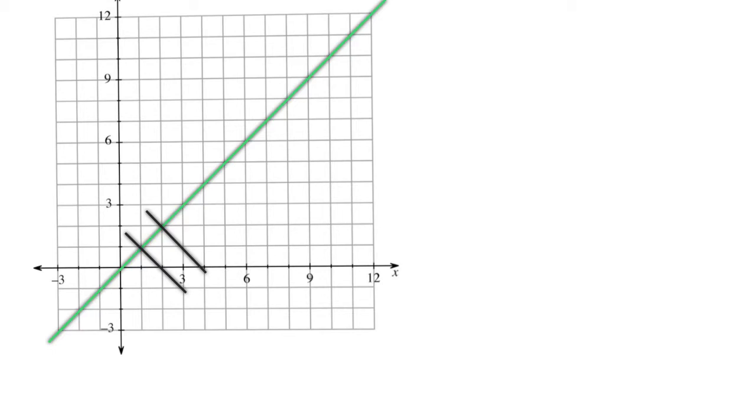The same is going to be true for all of the other points on this parabola. All of these lines that connect one point to the reflection point are perpendicular to the green line.